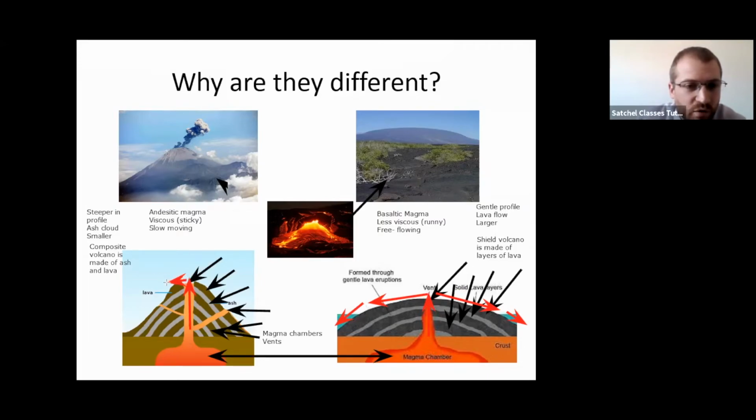It won't travel as far, which gives that steep profile, but also because it's so sticky, the pressure inside the volcano basically builds up a lot more, and that means that we'll end up having an ash cloud coming out the top. I'll just draw this as a little circle.